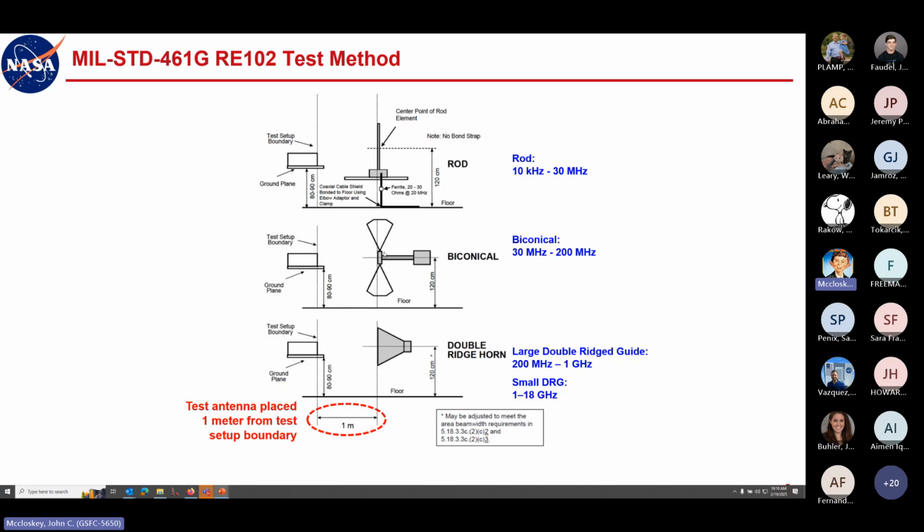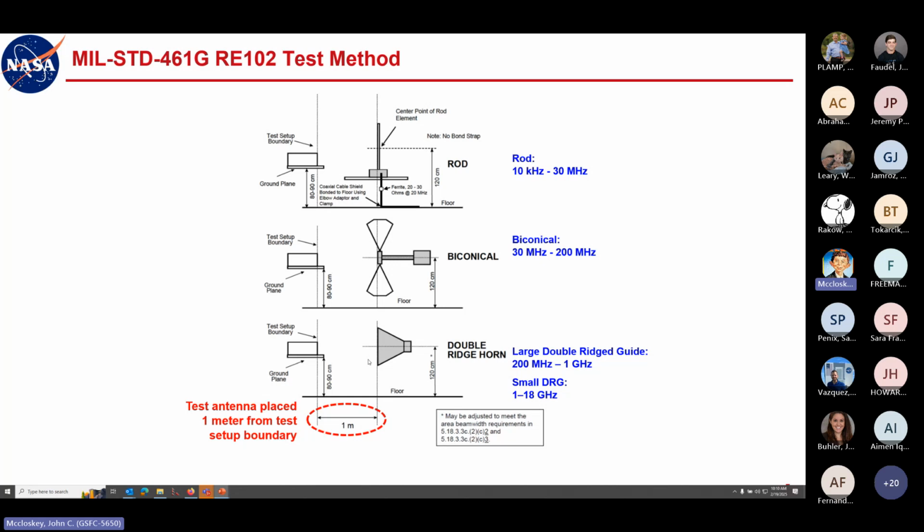Obviously, they're not necessarily intended to be to scale, but approximately. You can see that an antenna of this size, 1 meter from the test boundary, is not in the far field. It's very much in the near field. So they pick just a normalized distance to make the measurement, but the test antennas are calibrated at that specific distance because you're not in the far field.